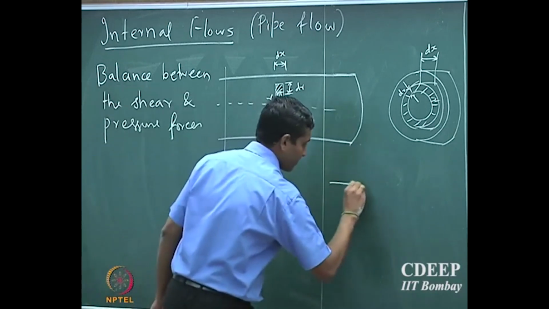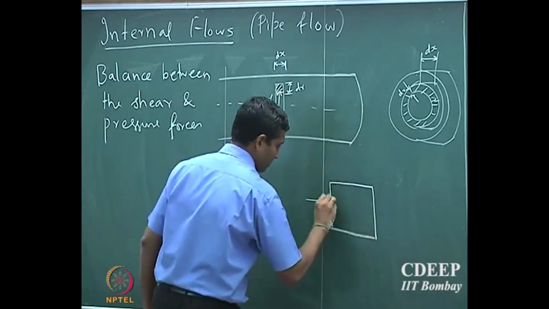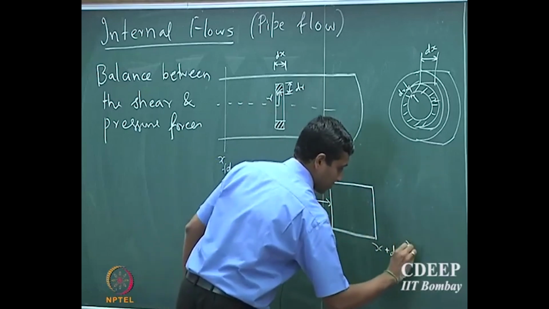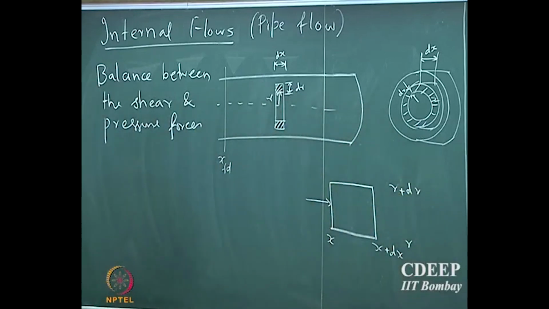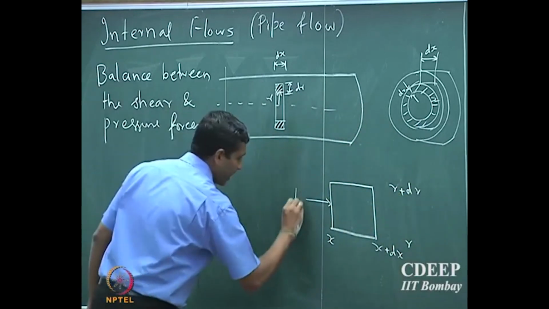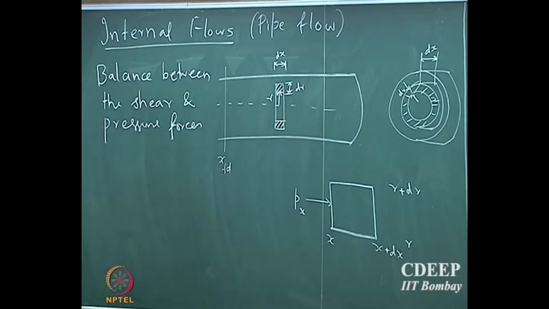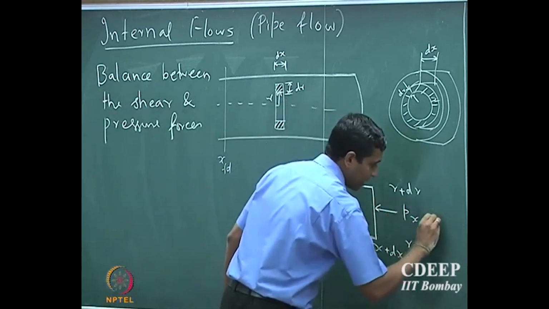So if I take this box here, supposing P of x is the pressure acting on that element at that location, and the pressure acting here is P of x plus dx.